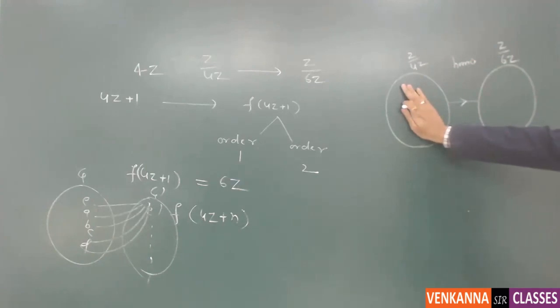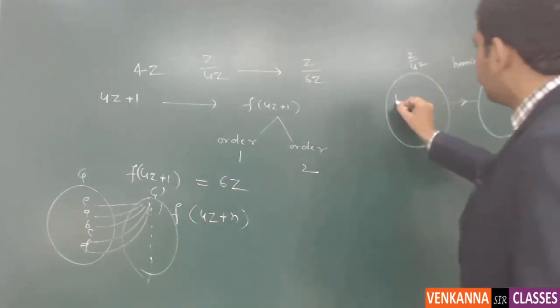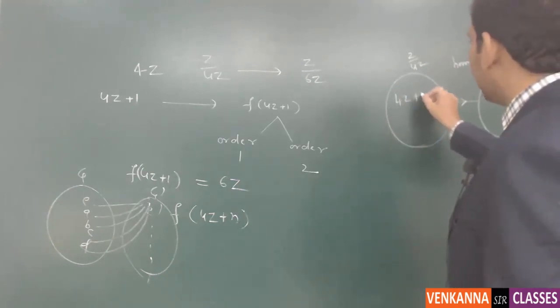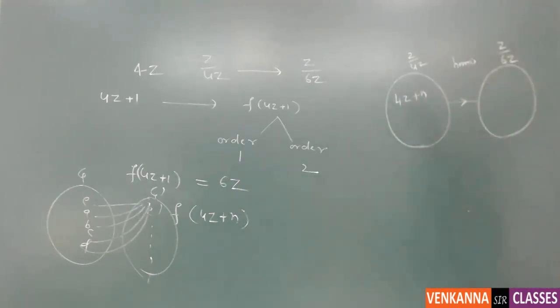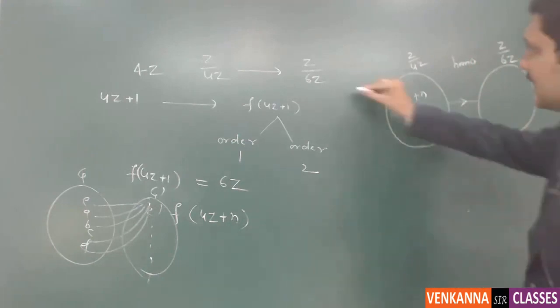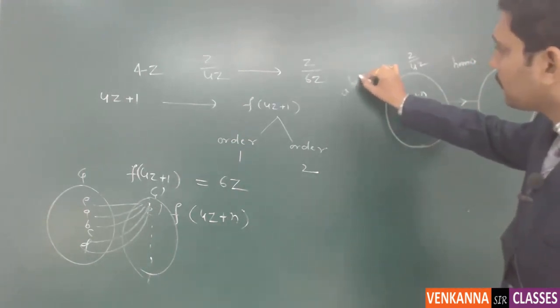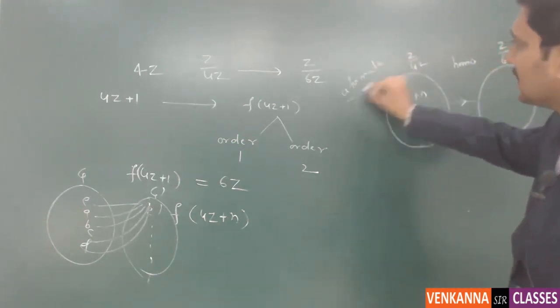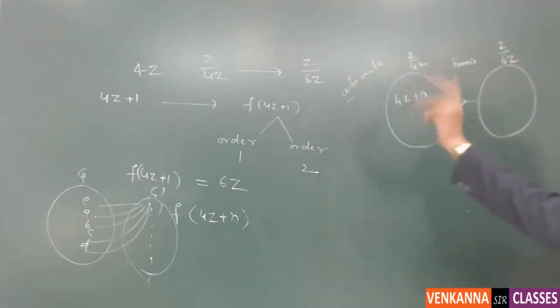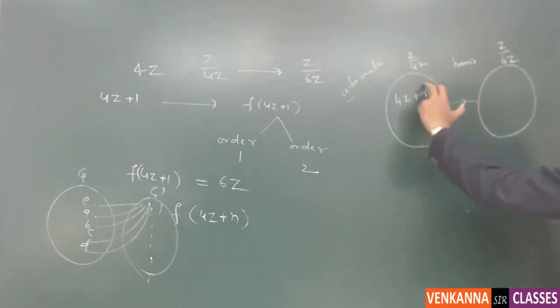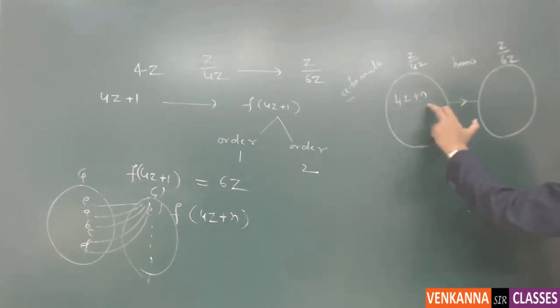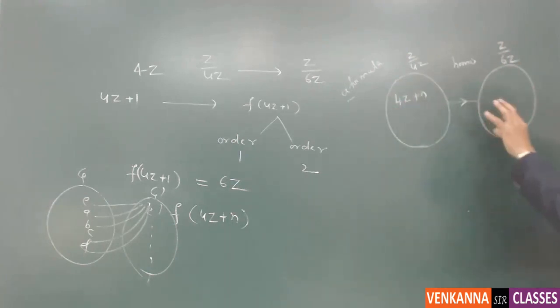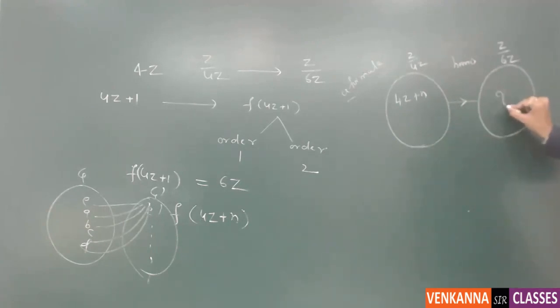Whatever element here you take, it is nothing but of the form 4z plus n. So you need to calculate a formula such that by using that formula, applying it for 4z plus n, the element here, you should know what could be the possible image on the right hand side.